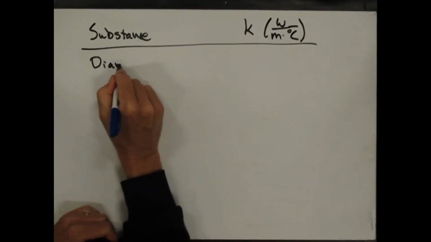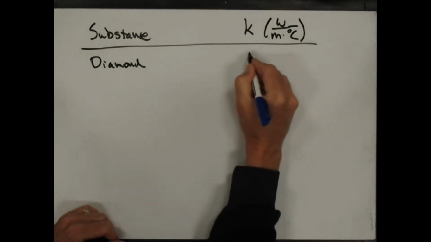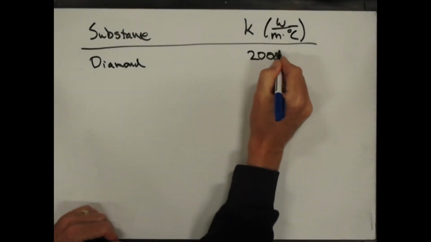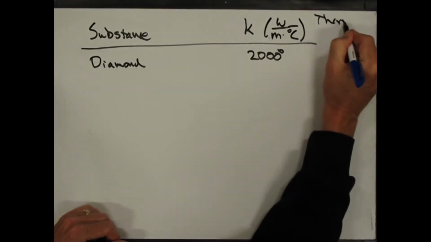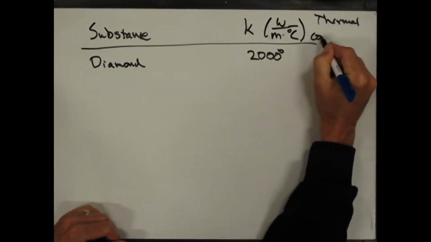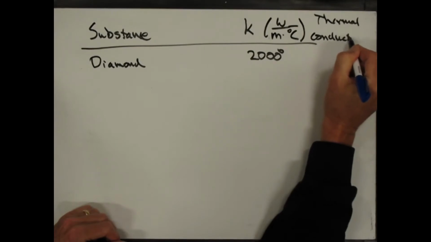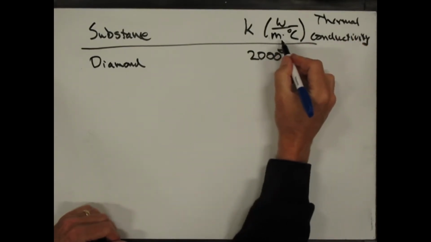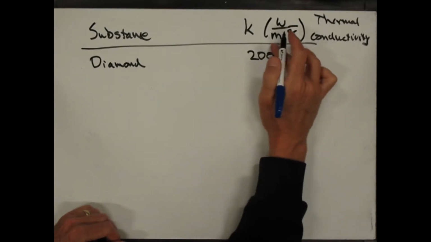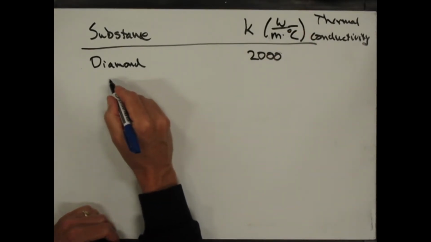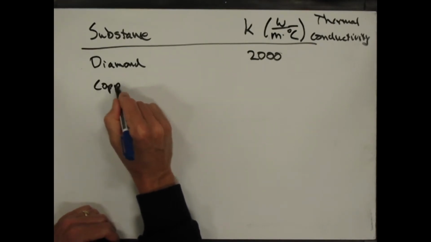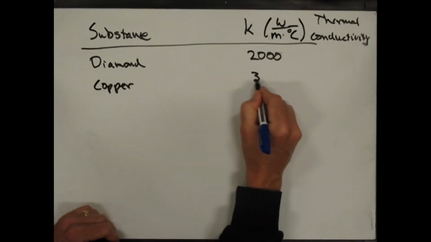Here's diamond. It's 2,000. Again, this is the thermal conductivity, in watts per meter degree Celsius. And so that's 2,000 for diamond. For copper, just a few common materials, it's 390.